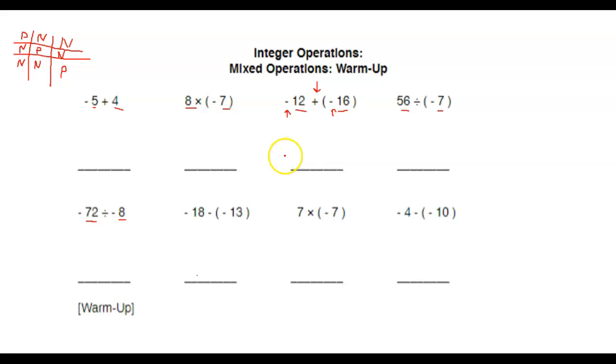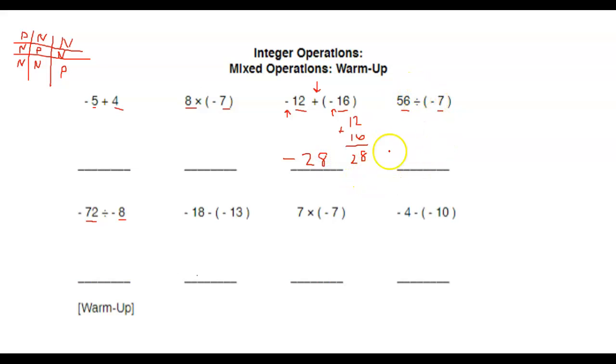So I know my answer is going to be negative, and I just add 12 plus 16. Miss Bennett likes to add vertically, right? So if I add 12 plus 16, I end up with an 8, and then I have a 2, so I know my answer is negative 28.